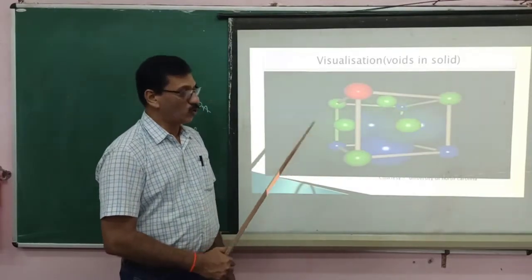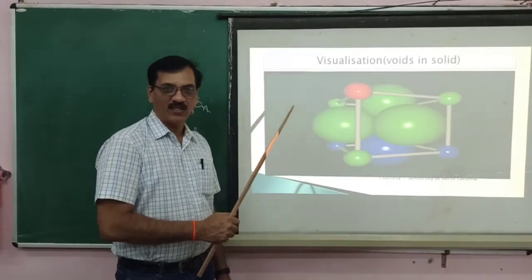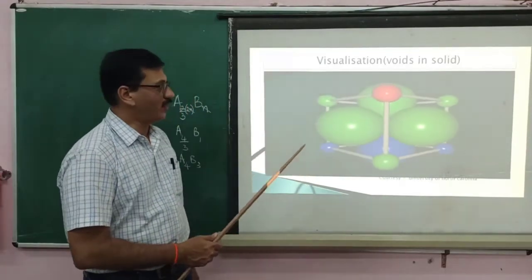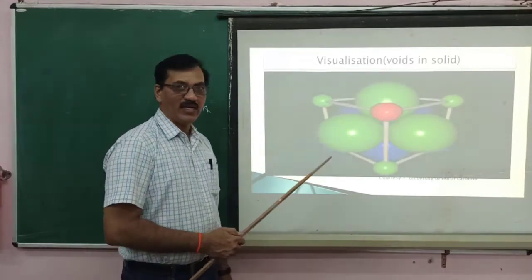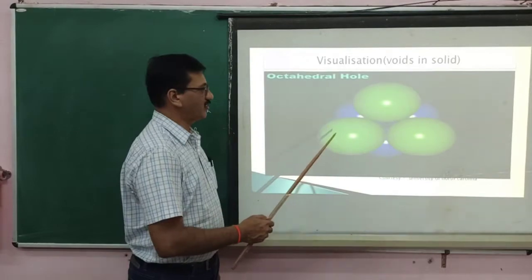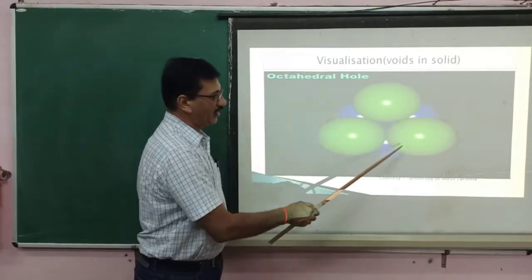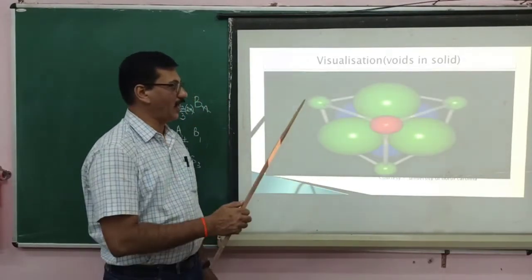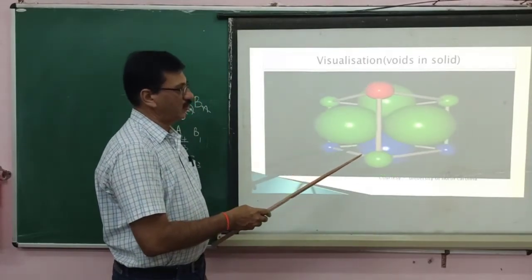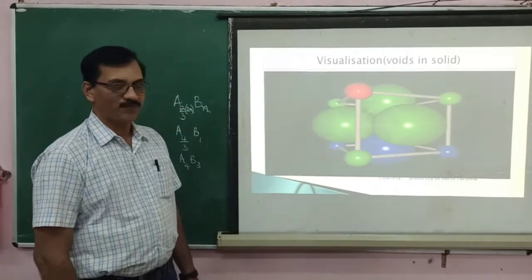Now, in order to look at it layer by layer, we will find how the layers are arranged. So this is an octahedral void. 3 atoms are being closed by the 3 below it.